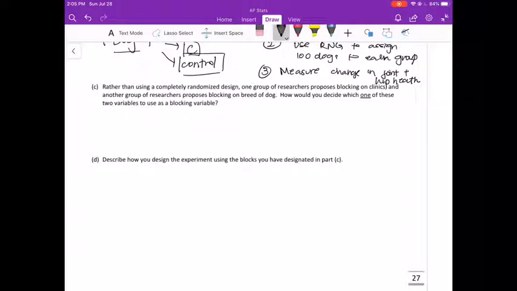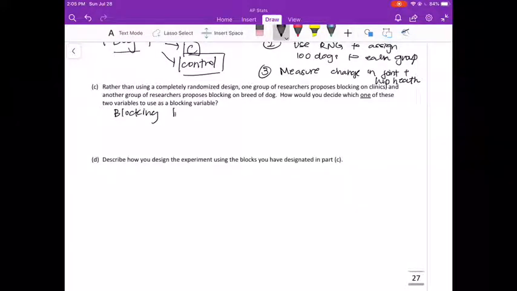Okay. Part C, rather than using a completely randomized design, one group of researchers proposed blocking on clinics, and another group of researchers proposes blocking on breeds of dogs. How would you decide which one of these two variables is used as a blocking variable? So in this case, blocking by breed is actually better.